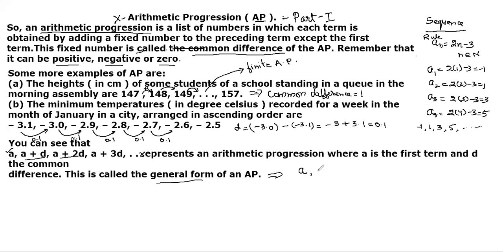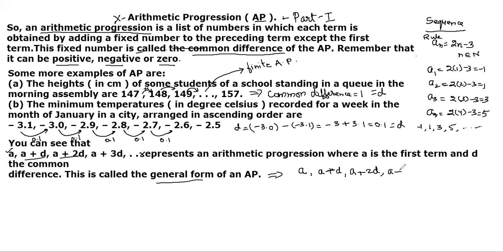Then there is a fixed number called the common difference added to A. Here the common difference is 1, here it is 0.1. So we are adding D in each term. So the second term will be A plus D, and the third term will be A plus 2D.